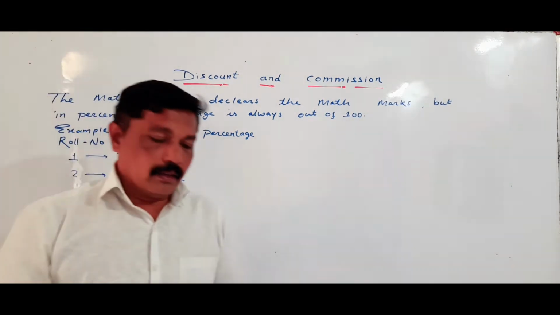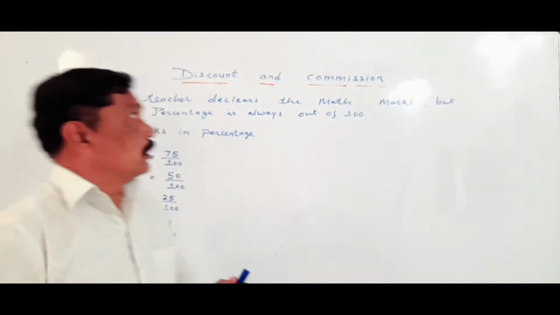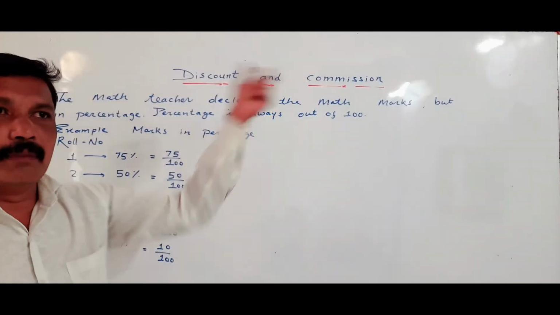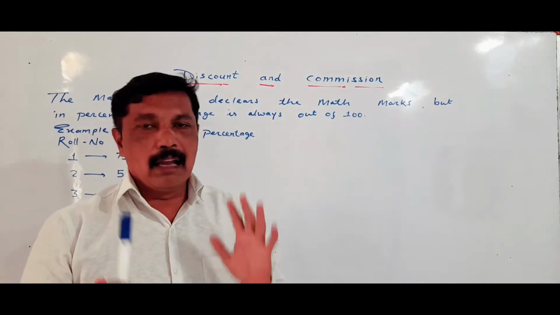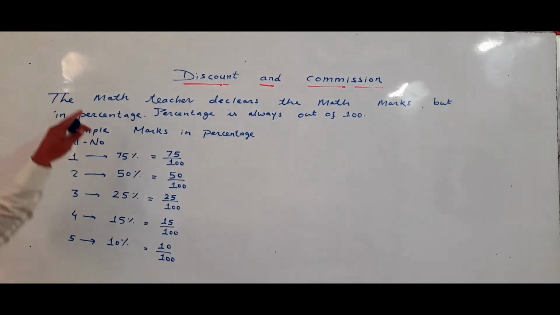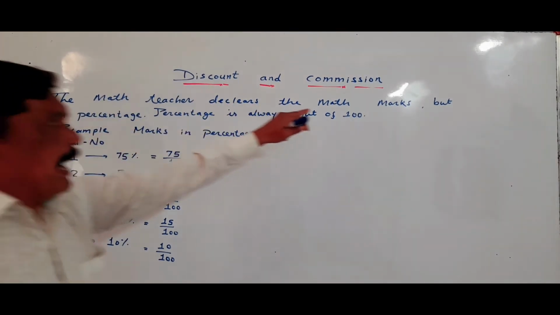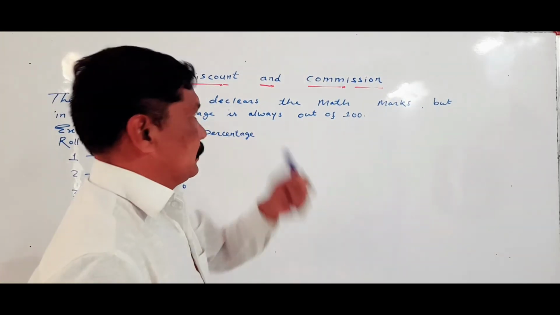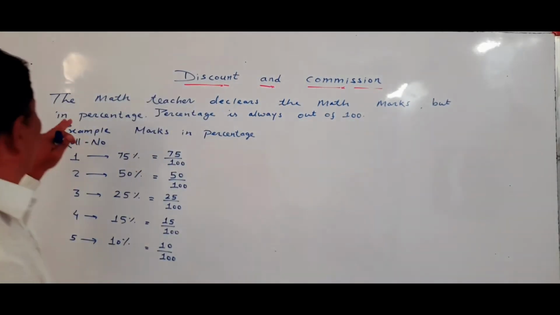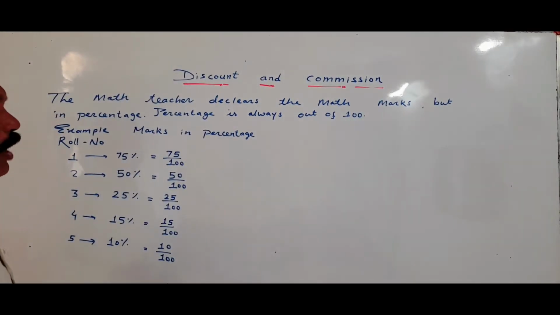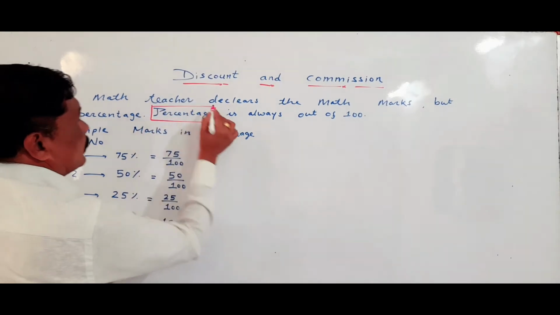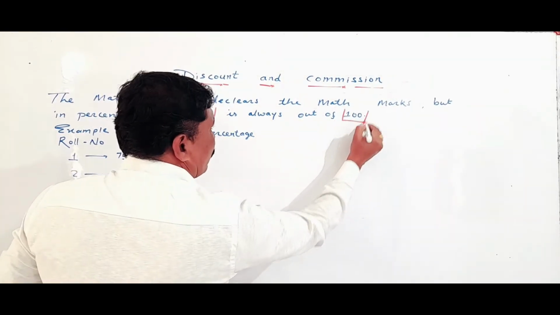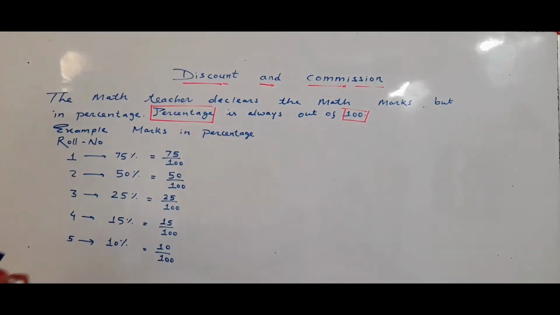My dear student, we are studying the topic discount and commission. I am going to explain this lesson with the help of an example. The maths teacher declares the maths marks in the form of percentage, and percentage is always calculated out of 100.